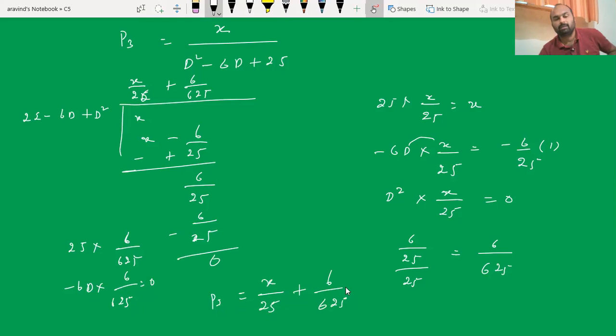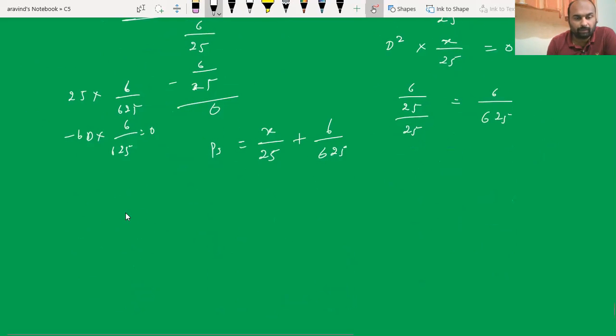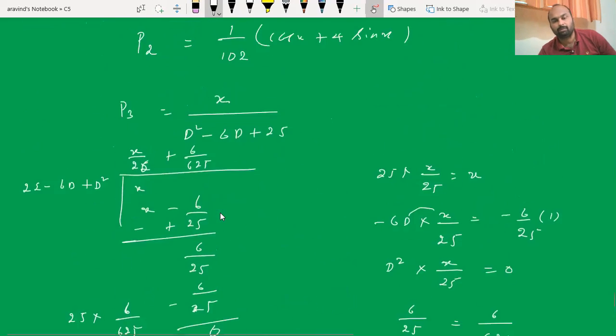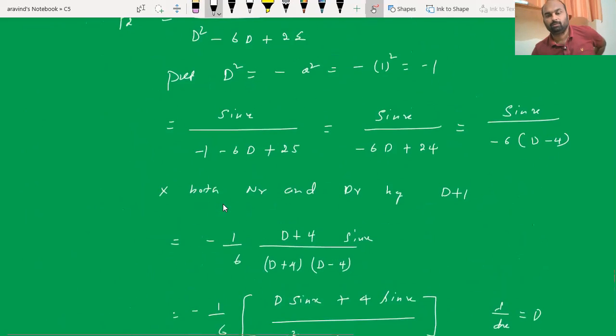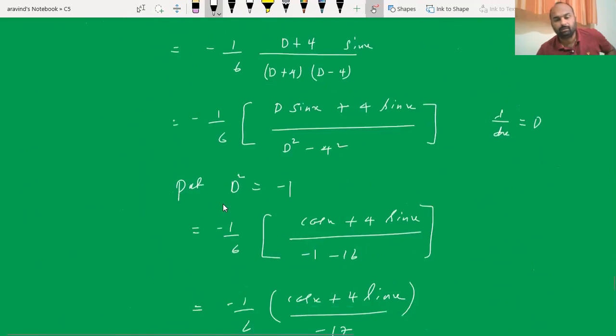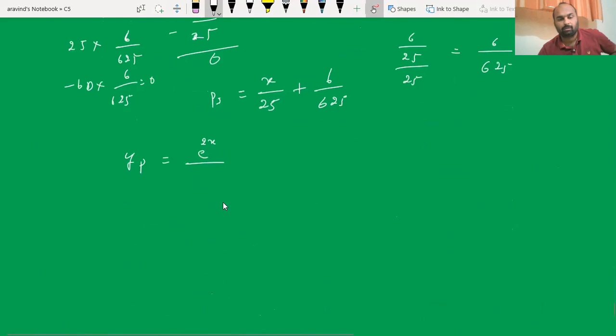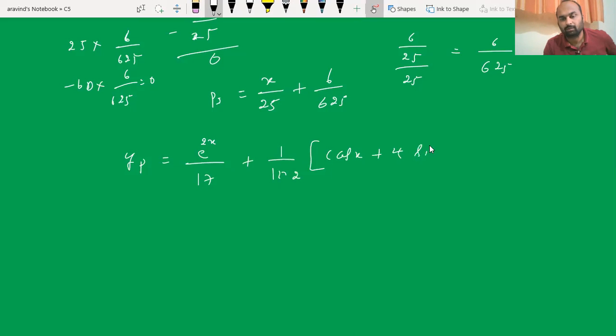This is the particular integral. So finally we got the particular integral as e to the power of 2x by 17, plus 1 by 102 into cos x plus 4 sin x, plus x by 25 plus 6 by 625.